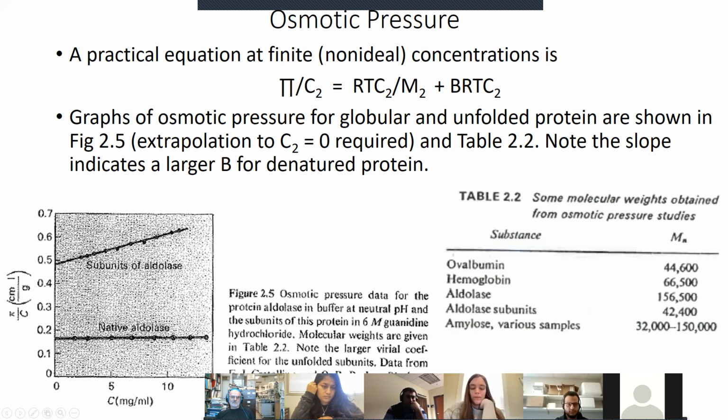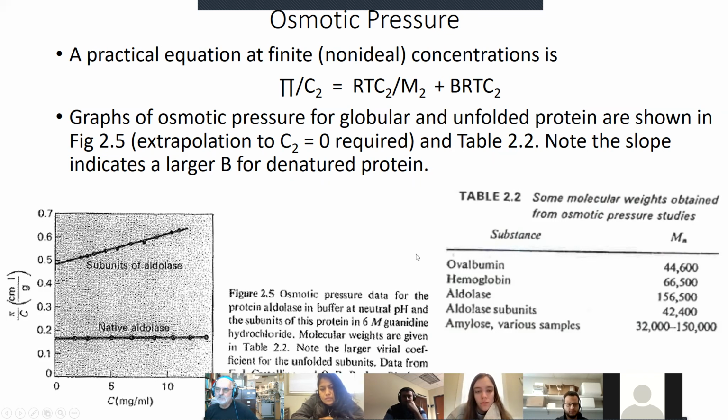The aldolase is a complex, and the intercept tells you it's a bigger molecular weight than the subunits. The slope tells you that the virial coefficient for the native protein is smaller than the virial coefficient for the denatured aldolase. Guanidine makes it denature, and so now it looks like a random coil. It looks bigger, and so it has a bigger slope because the virial coefficient is big.